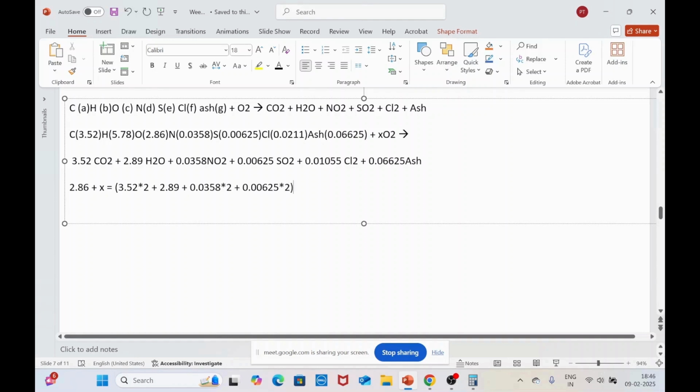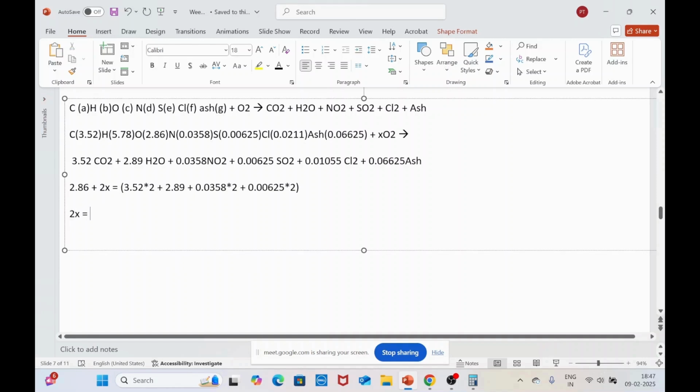Chlorine and ash, you don't have anything. If we solve this equation, here it will be 2x, because we are just balancing the number of atoms. O2 is there, so it will be 2x.